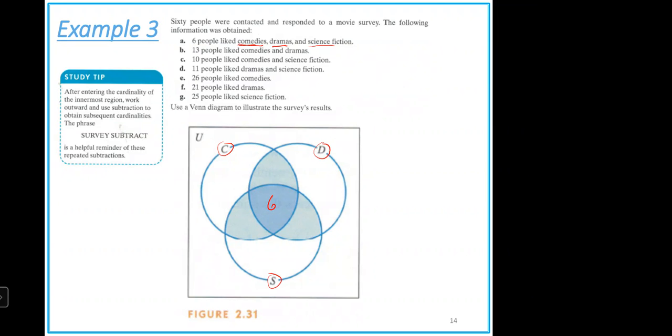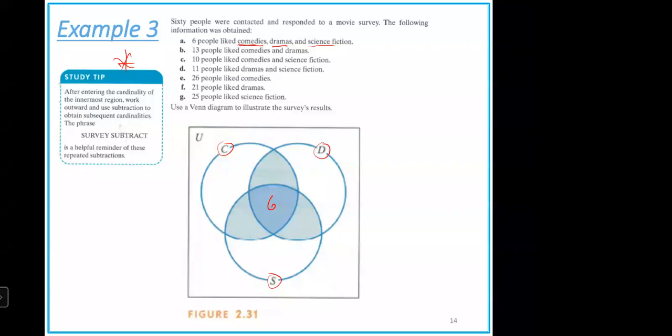There's a study tip on the side: after entering the cardinality of the innermost region, work outward and use subtraction to obtain subsequent cardinalities. By cardinality, we mean the number of elements or members in the set. They use the phrase survey subtract, a helpful reminder of these repeated subtractions.